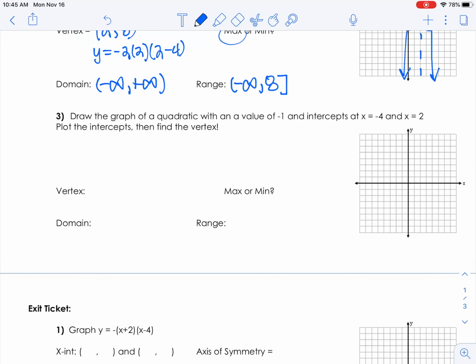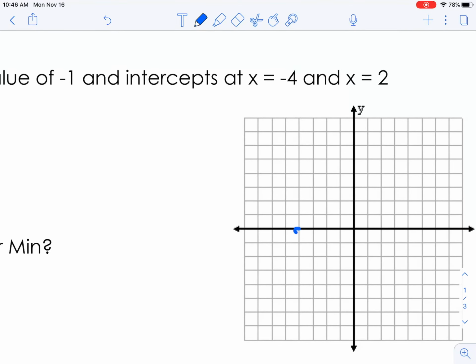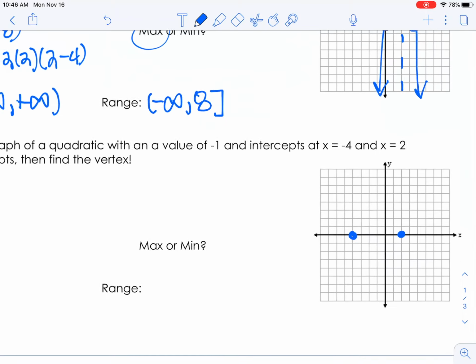Okay. Number 3 says, draw the graph of a quadratic with an a value of -1 and intercepts at x equals -4 and x equals 2. Okay? Well, so let's think about this.